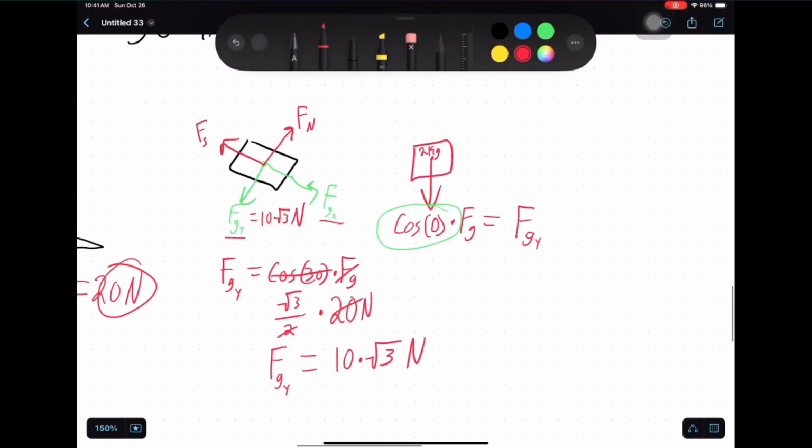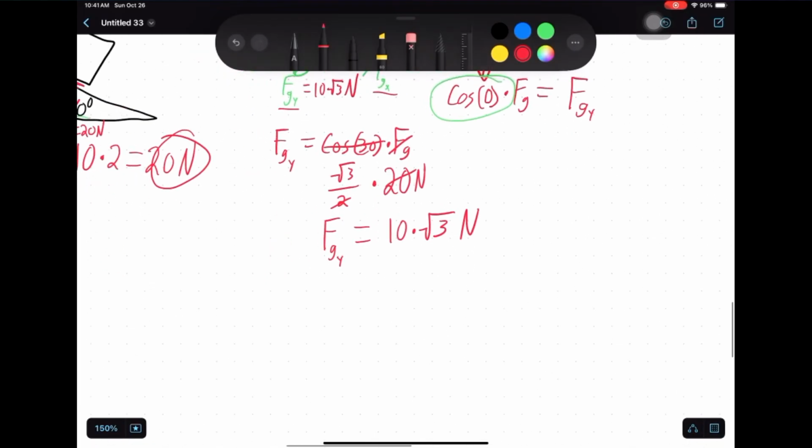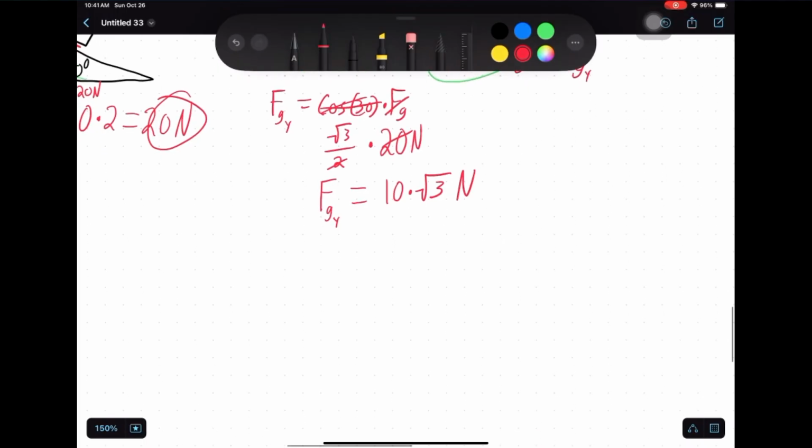We're going to do the exact same thing for x. Now, instead of cosine, we are going to use sine for this one. So force of gravity in the x equals sine of the same angle, which is 30 in this case, times force of gravity.